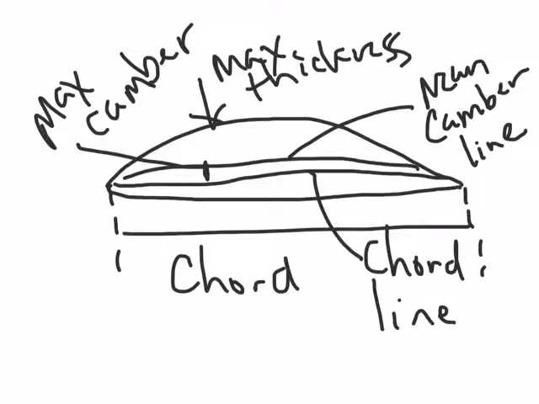And this is all depicted in figure 3.2 as well. If you look at figure 3.3 on page 32, you'll see a drawing for a symmetrical airfoil and a cambered airfoil. So symmetric, it's basically, as it says, symmetric.